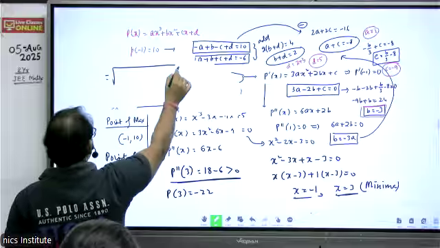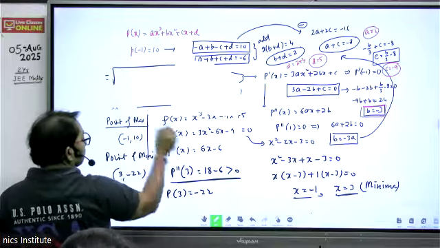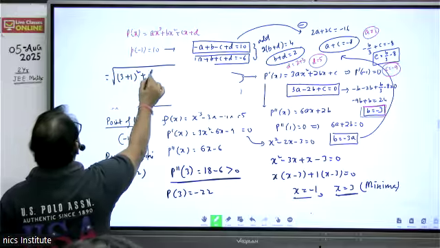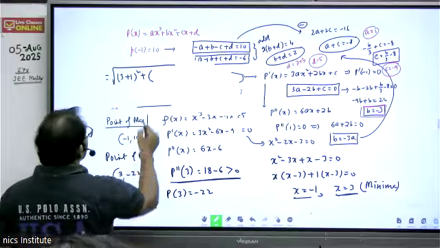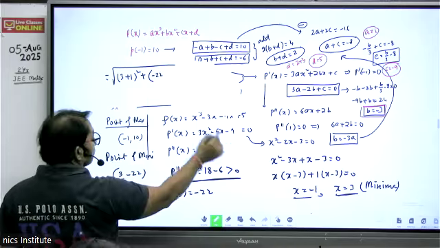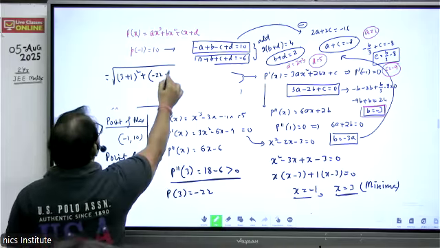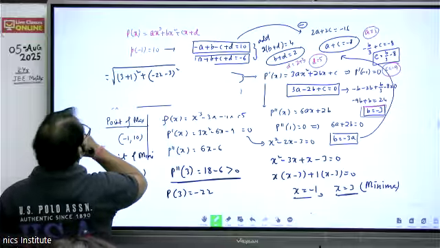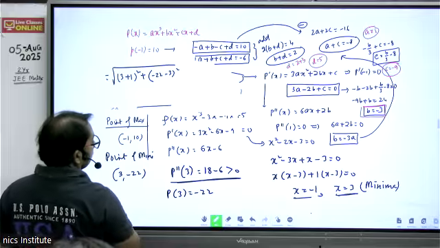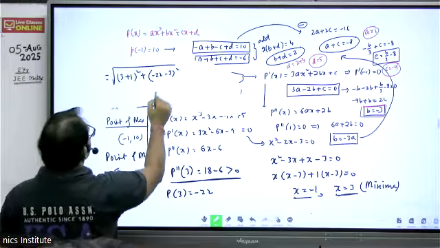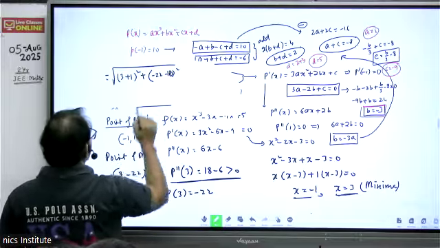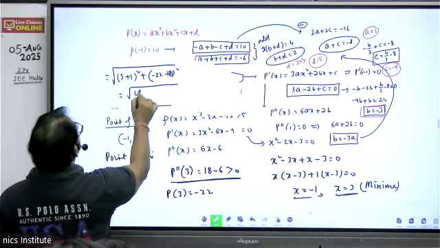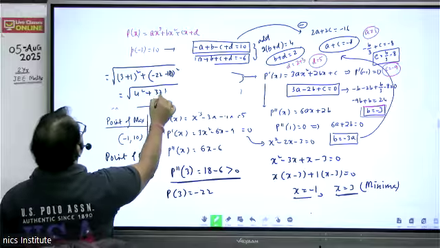The distance will be 3 minus minus 1, 3 plus 1 whole square. Then you have minus 22 minus 3. -10 नहीं होना चाहिए? 1 minute. Yeah, 10. So this is 4 square plus 32 whole square, right?